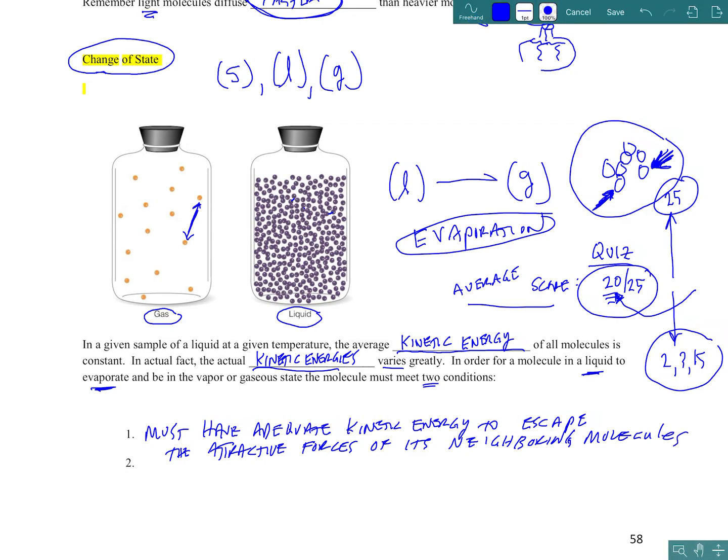So it's got to have enough energy to be able to remove itself from the molecules that are around it.